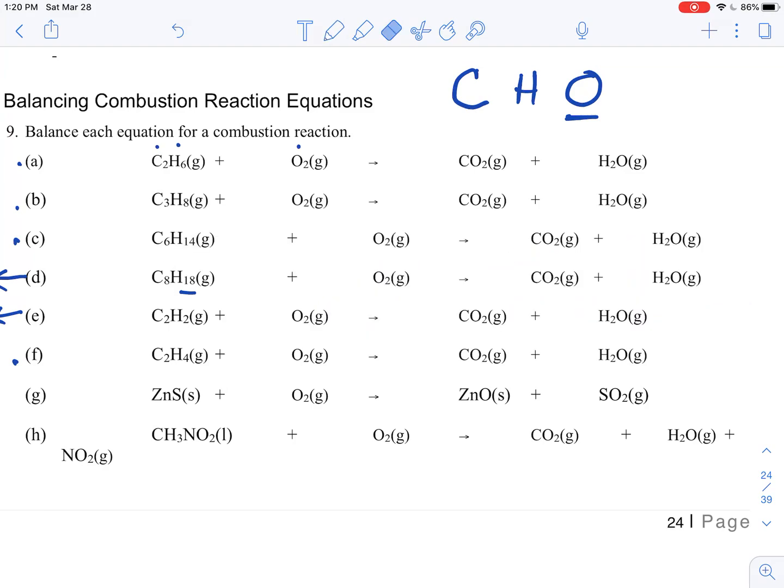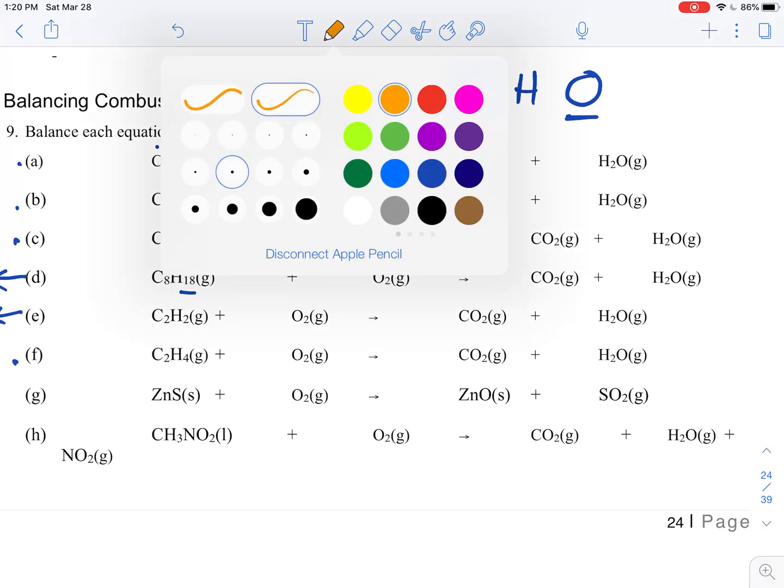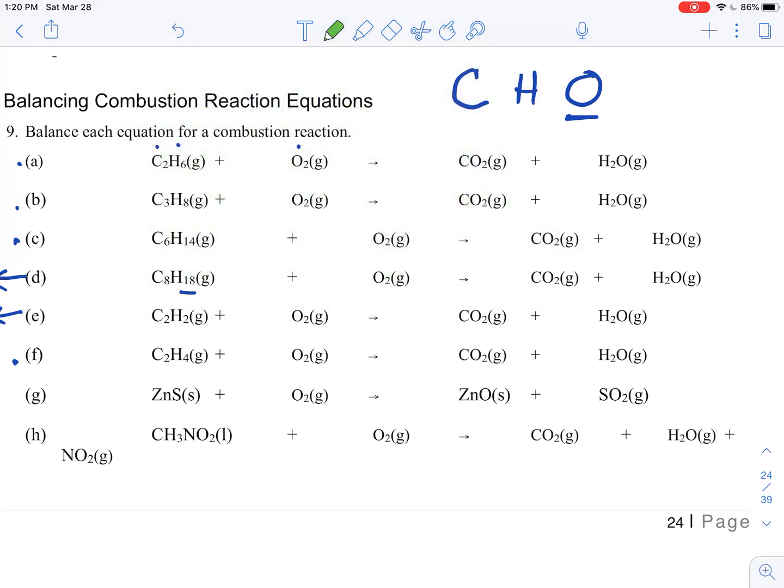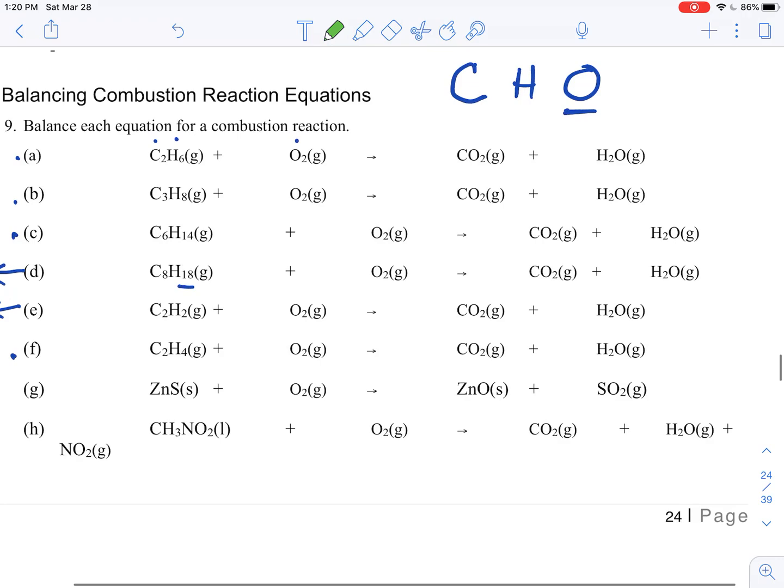So to go over that again, all I did was I first worked with the carbons, and we put 8 carbons to make them equal. For 18, I put 2 times 9 will make 18 hydrogens. So I worked with my carbons first, my hydrogens second, and the oxygens being last.